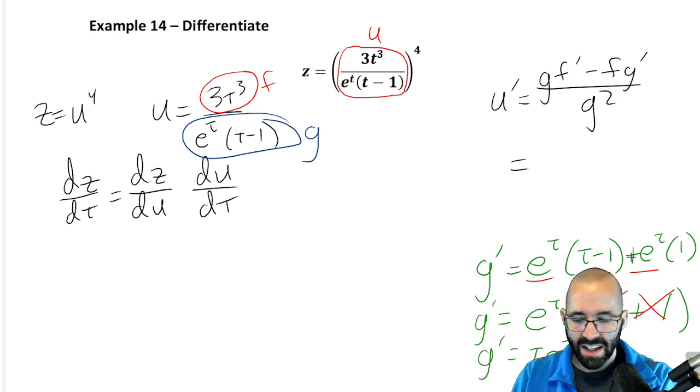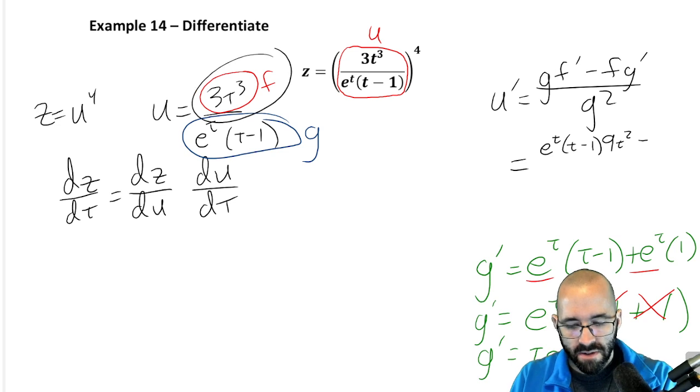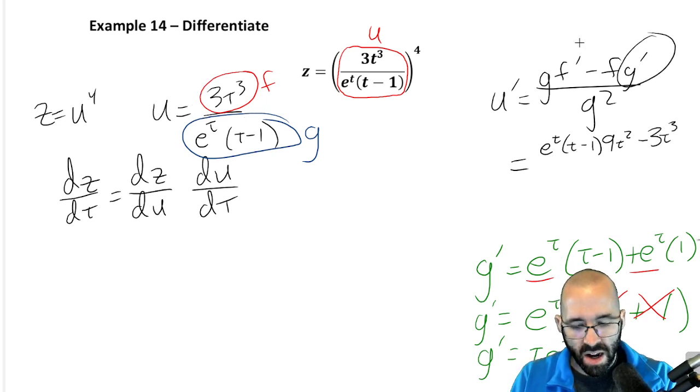All right. So when we're doing u prime, that's g, which is e to the t times t minus 1, times f prime. Use the power rule. That's going to be 9t squared, minus f, 3t cubed, times g prime, which we said was t times e to the t.